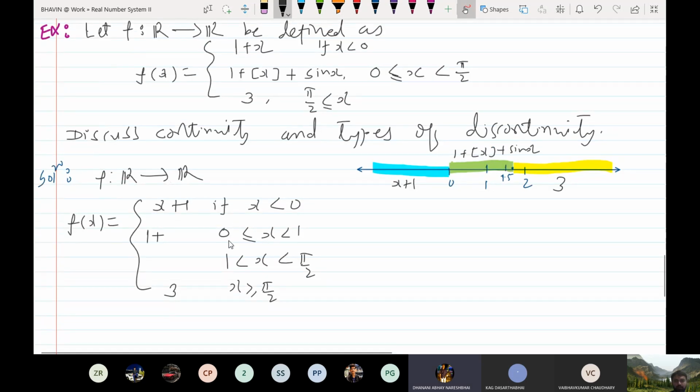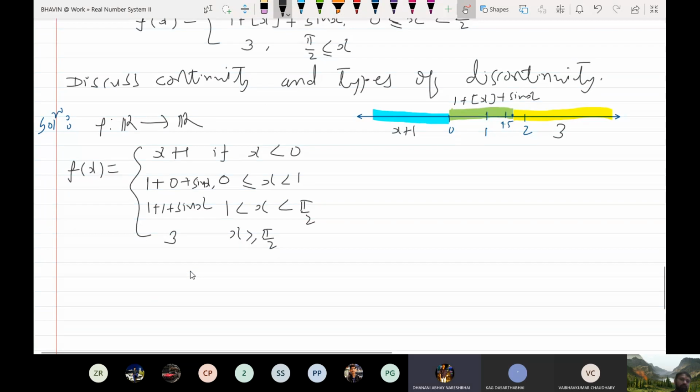What will be the value of box of x in this interval? 0. What will it be? 0, and plus I will keep sin x as it is. Okay, so you will just get 1 plus sin x. Now between 1 to pi by 2, what is box of x? 1. So 1 plus sin x. Clear? So do you understand this? Yes, sir.